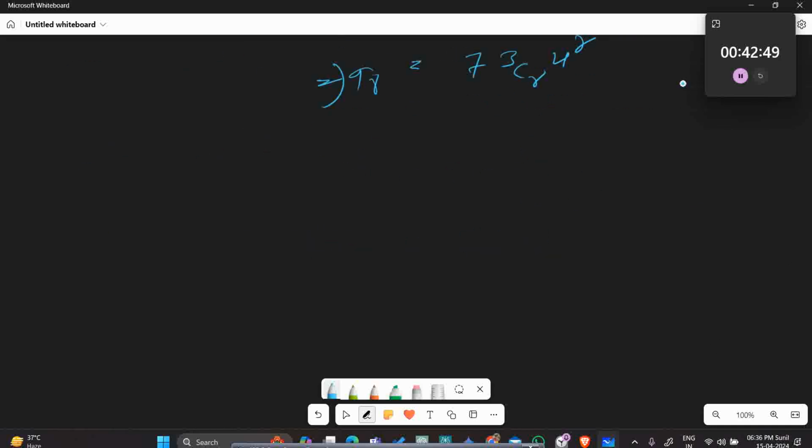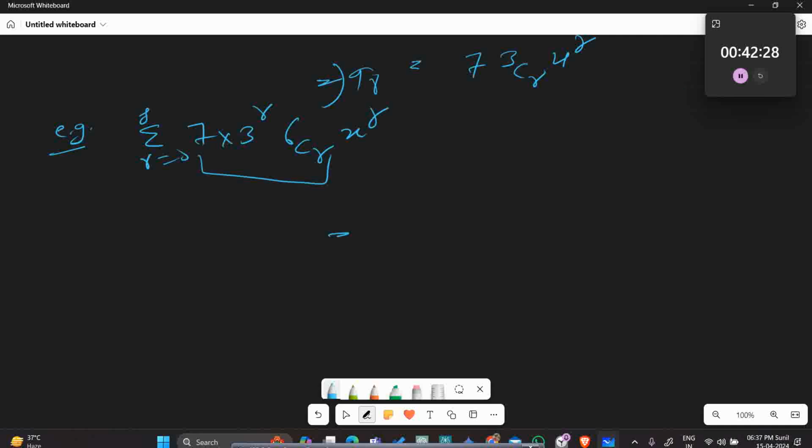The next example is sigma r equals 0 to infinity 7 into 3 to the power r into 6Cr x to the power r. So this is a_r for that. All right.